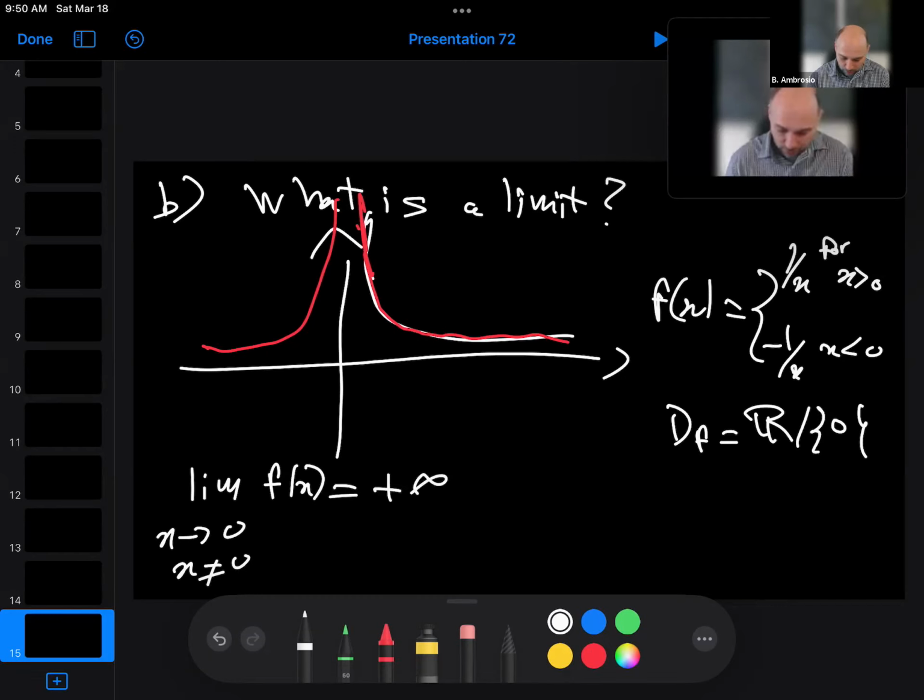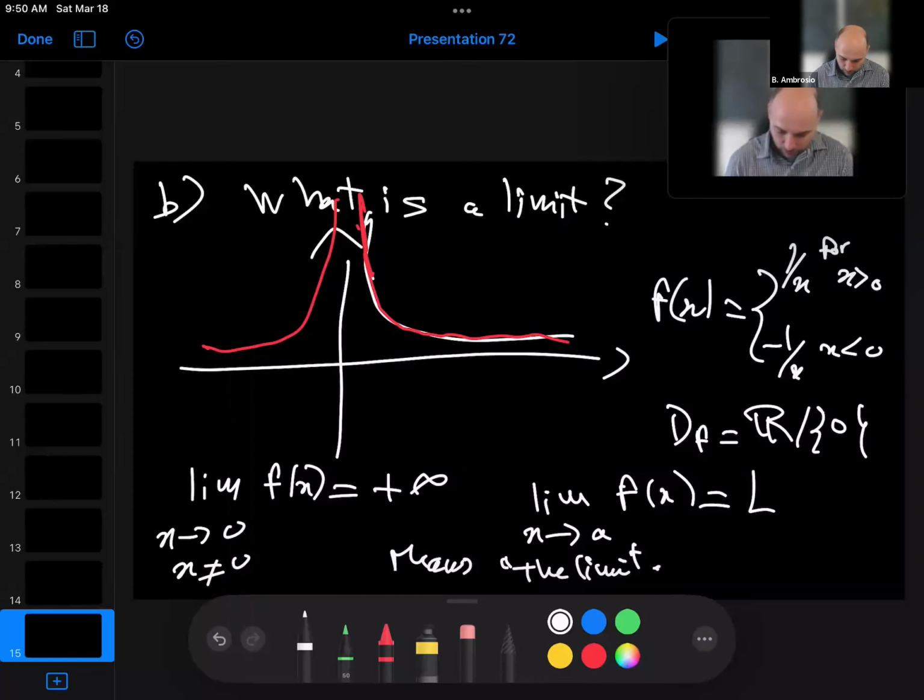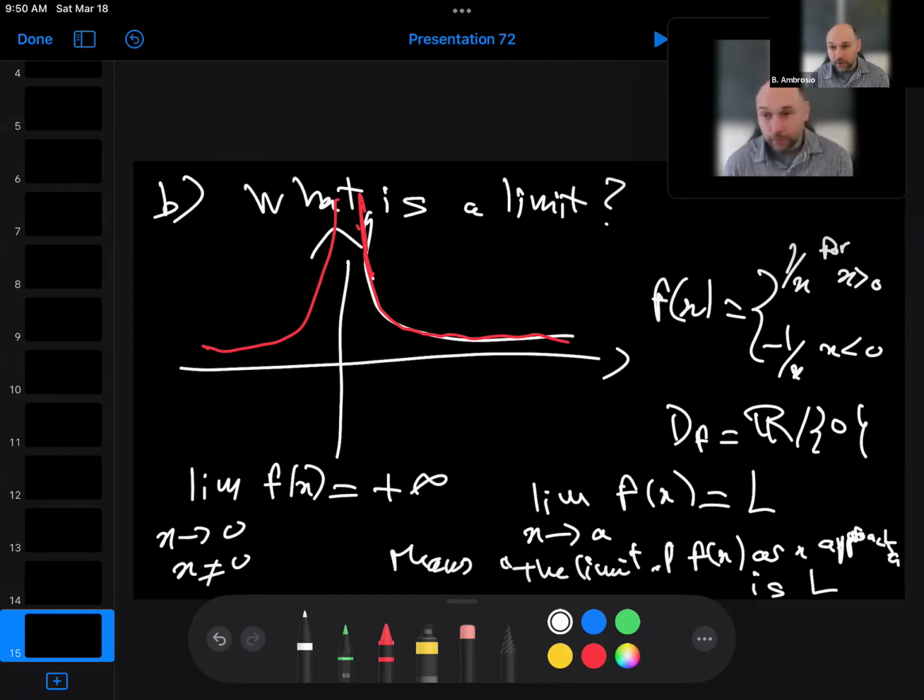So what's the definition? We write the limit when x converges to a of f of x equals L, which means the limit of f of x as x approaches a is L. L can be plus infinity.